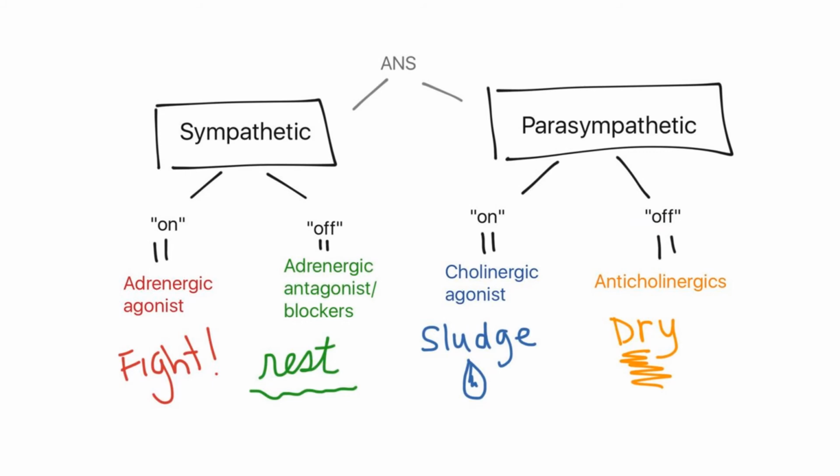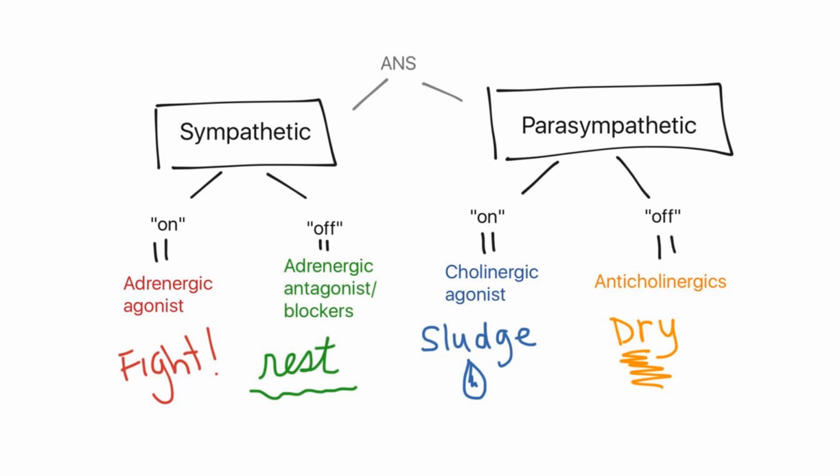Okay, so this slide, another breakup of the two systems in the autonomic nervous system. Okay, so the sympathetic system can be upregulated. It can be turned on by adrenergic agonists. So they're going to be your epinephrine, norepinephrine, dobutamine, isoproterenol. So any sympathomimetic.